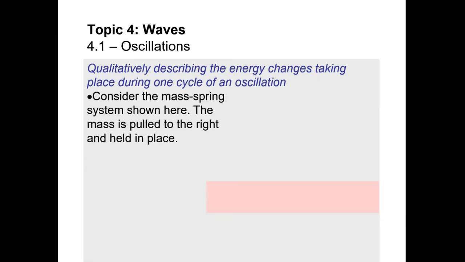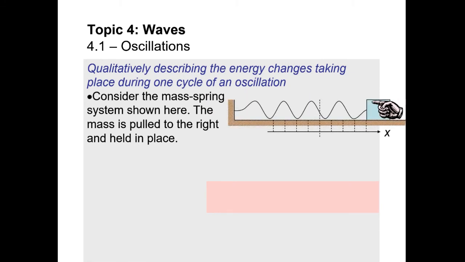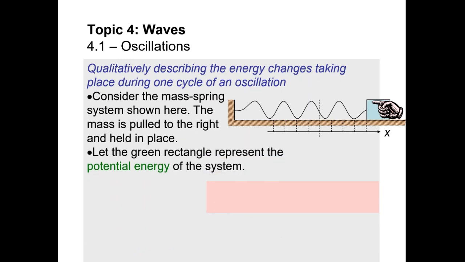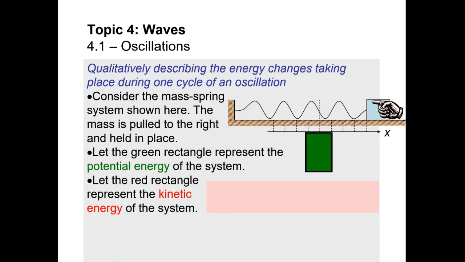Consider the mass-spring system shown here. The mass is pulled to the right and held in place. Let the green rectangle represent the potential energy of the system, here the elastic potential energy. Let the red rectangle represent the kinetic energy of the system.